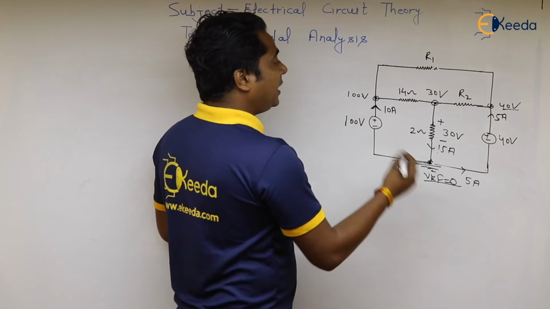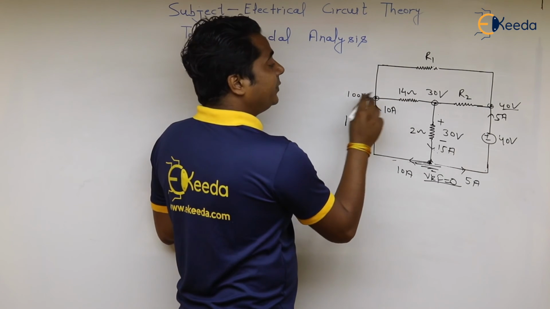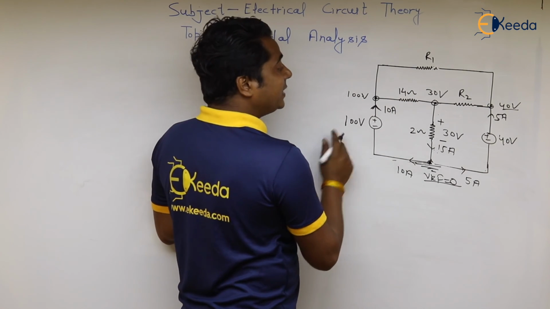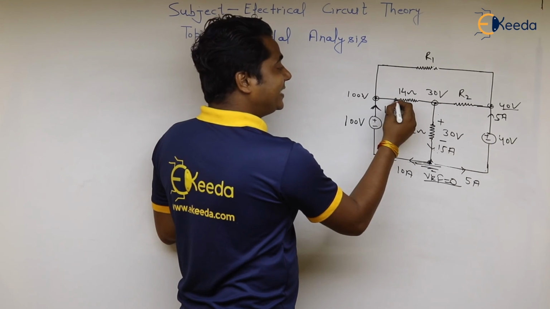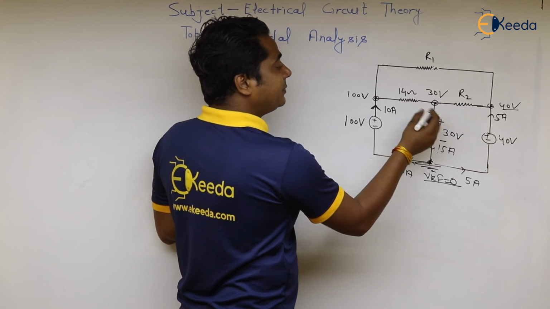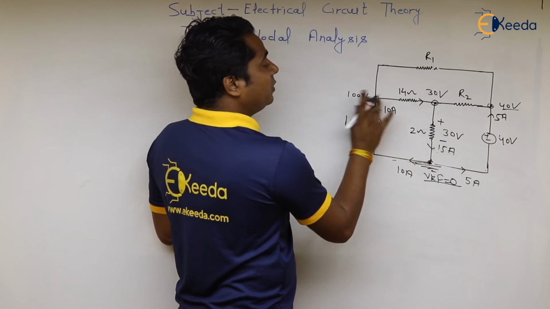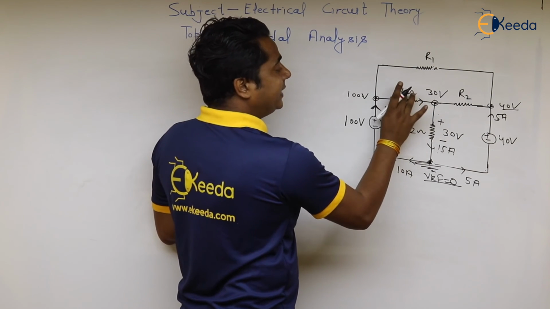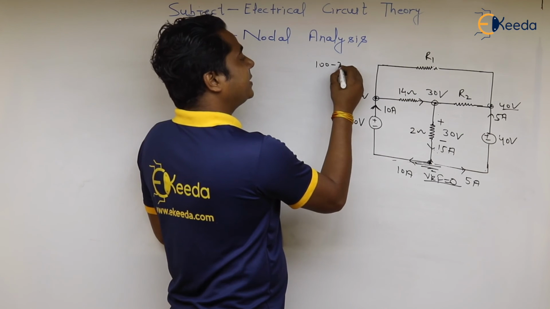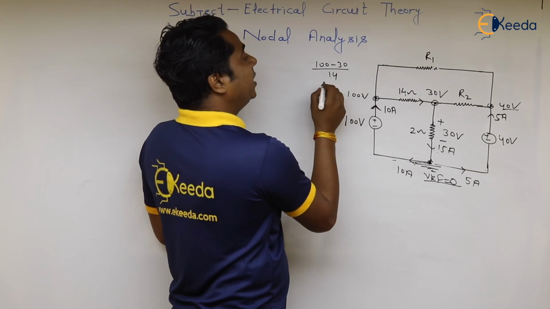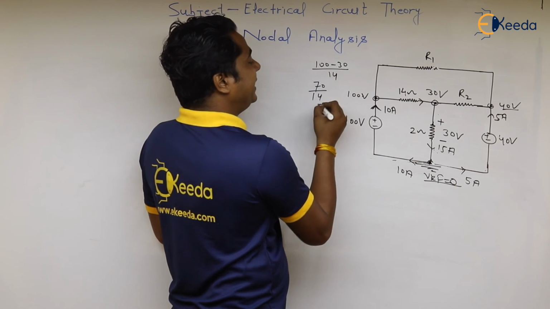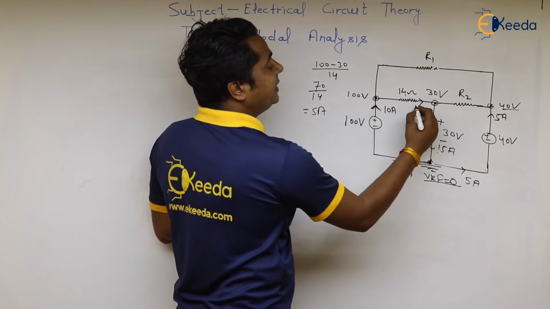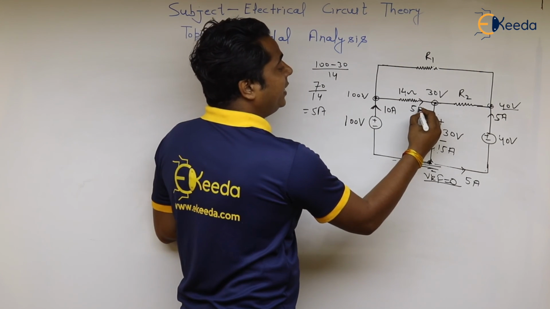It is easy, and in this way we can calculate the value of current in this branch. The value of current in this branch will be equal to 100 minus 30 upon 14. That is 70 upon 14, which means 5 ampere. It means 5 ampere current is flowing here.